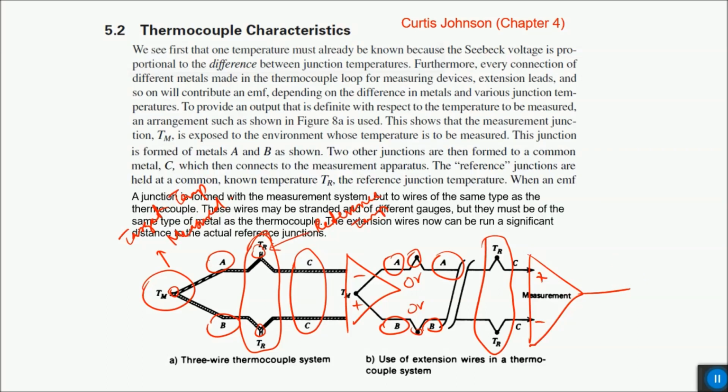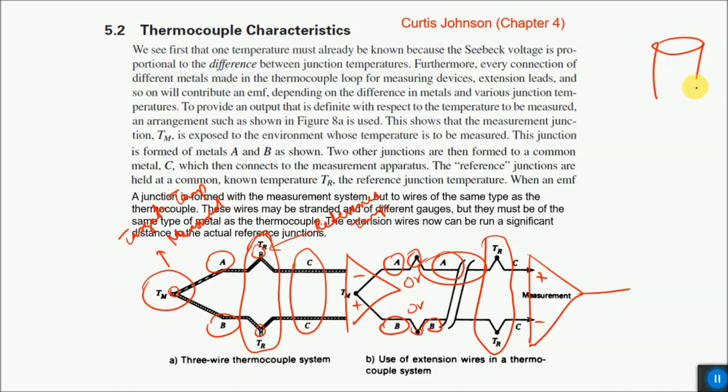Why is it important to use these extension wires? Because usually a thermocouple is used in a boiler or some industrial process at a very high temperature, and usually the reference temperature is around room temperature, that is 25 degrees or 0 degrees Celsius. So it is very difficult to maintain a fixed reference temperature very near your actual target temperature, which may be in the hundreds or even near 1000 Kelvin. So we have to run extension leads from our actual target process.